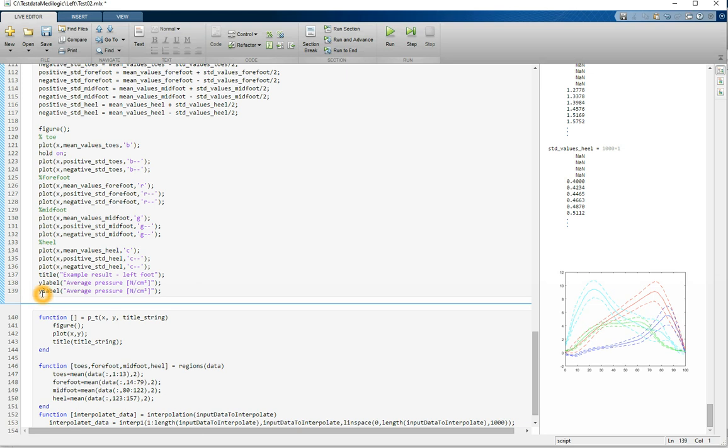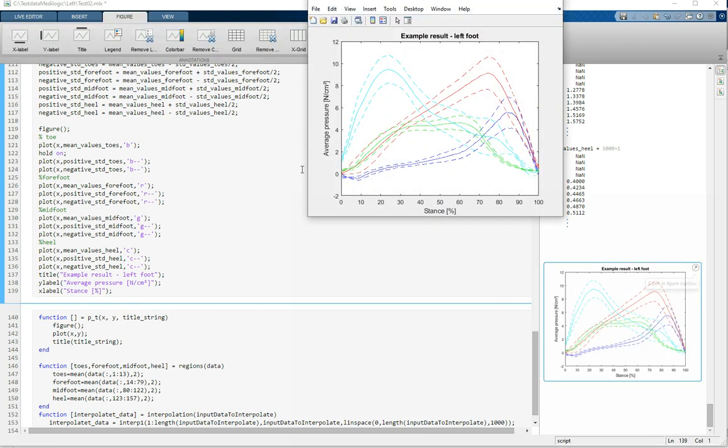And on the X label, not the average pressure, it's the stance phase in percentage. Save it and rerun this section. Perfect, and we have the first plot.